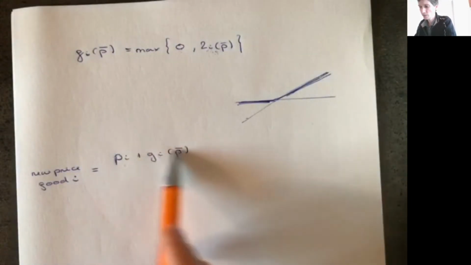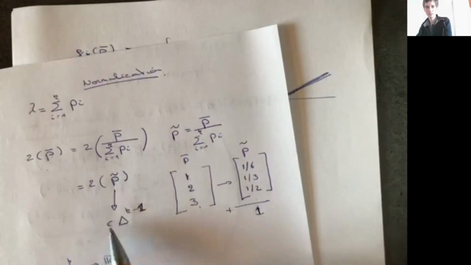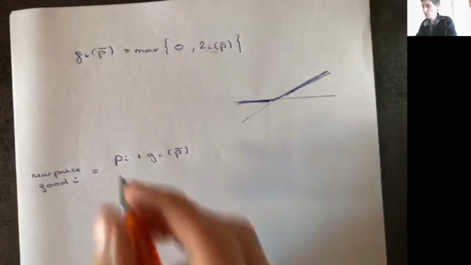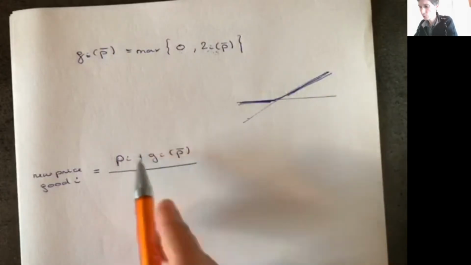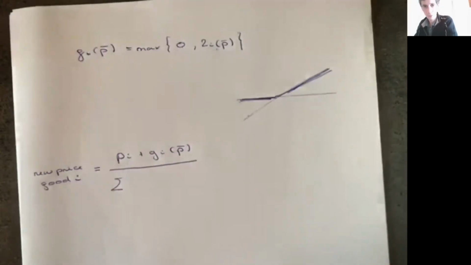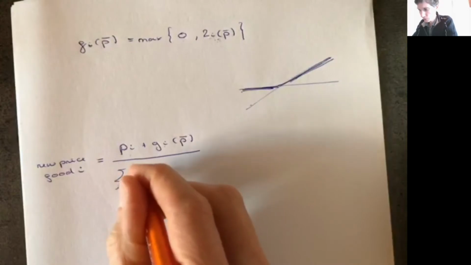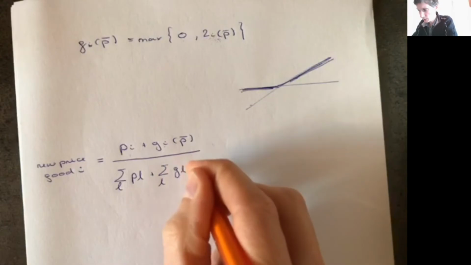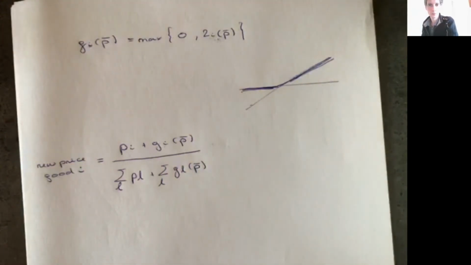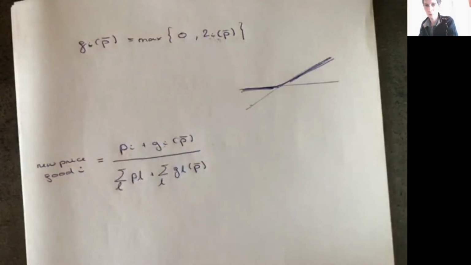However, this thing does not satisfy the normalization constraint, right? It's not in delta k minus 1. So what do we need to do? Well, we need to divide it by the sum of all prices. So this will be the new price. What will be the sum of all new prices? So let me count over l. The price of good l plus the sum over l of gl(p). Okay, so this is simply the sum of all these numerators over all the goods.